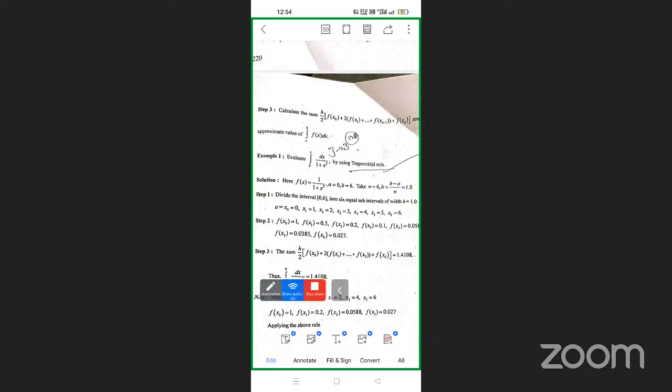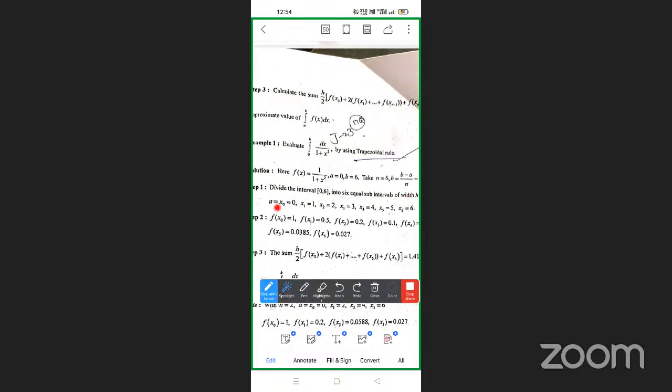Next, x0 is the lower boundary, so x0 is equal to 0. Then x1 is equal to x0 plus h, x2 is equal to x1 plus h, x3 is equal to x2 plus h, x4 is equal to x3 plus h, and x5 is equal to x4 plus h.